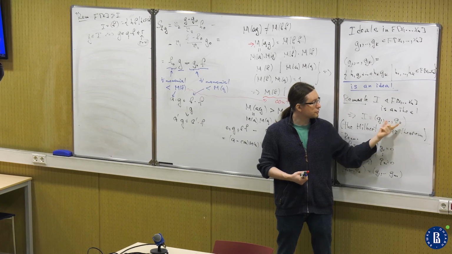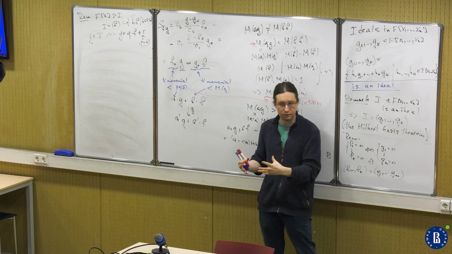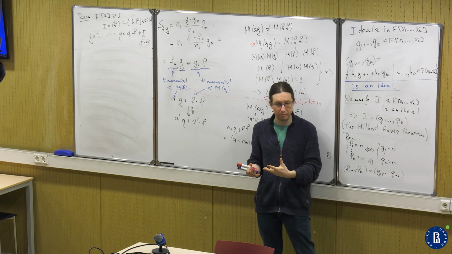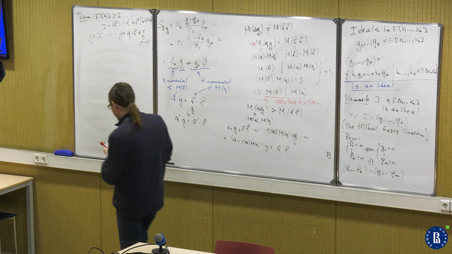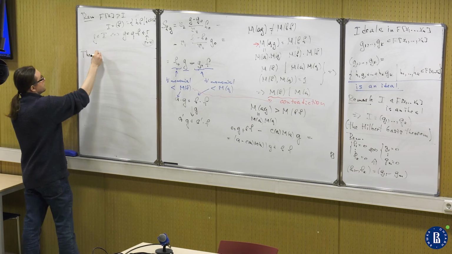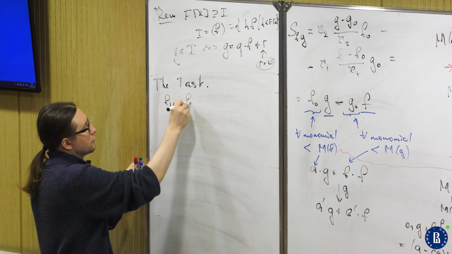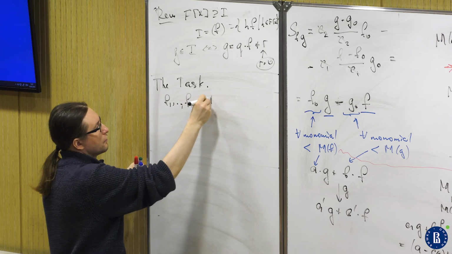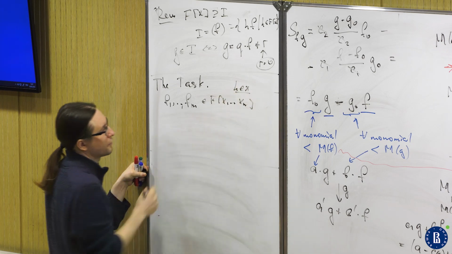You're given an ideal generated by a set of polynomials, and you want to find another set of generators, which is a Gröbner basis. This is what is called the Buchberger algorithm. So the task: you have a set of polynomials f1, ..., fm, and we have, let's say, the lexicographical order.